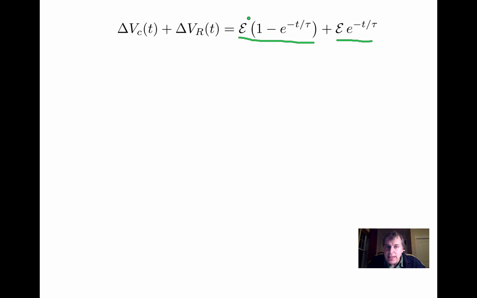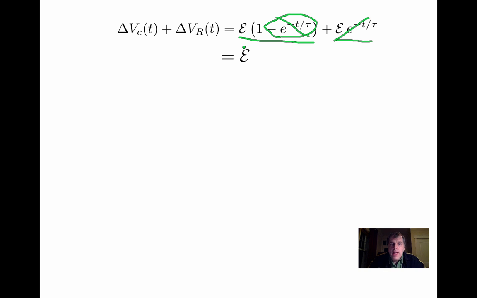Notice if I distribute the E here, I get E times 1 minus E times the exponential here. This term multiplied by E will cancel out this term here. So these two terms cancel out completely, and when you add them up, you just get E. You get the EMF of the battery, and it's a constant, right?